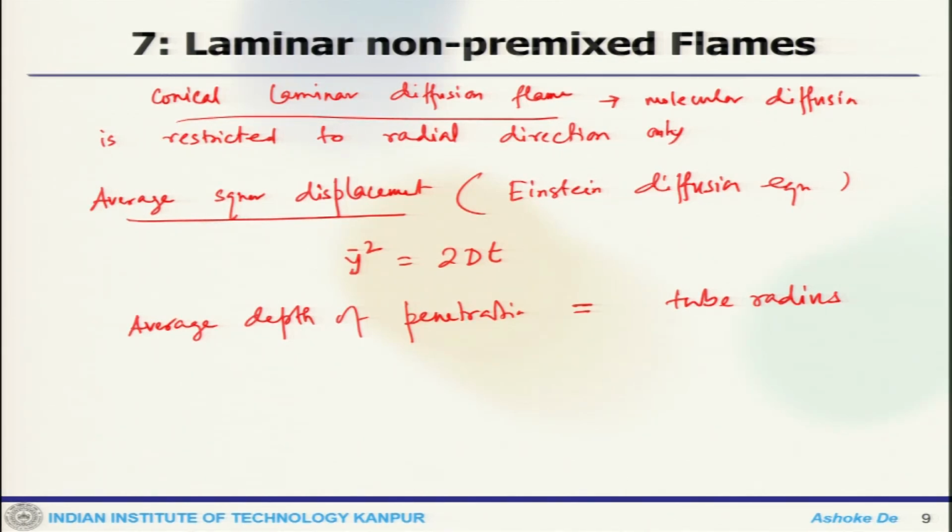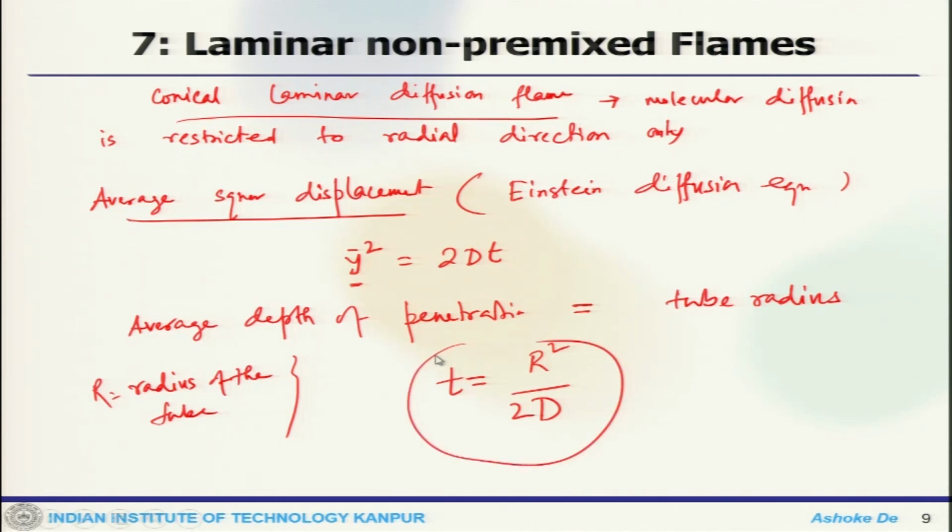So, now one can approximate this y to the radius of the tube. If r is, let us say, the radius of the tube, then one can write t is r squared by 2D.